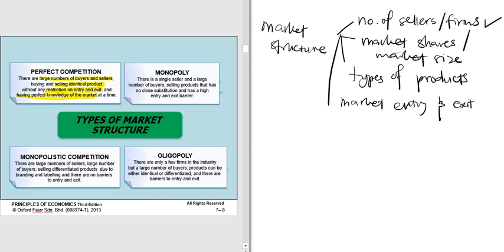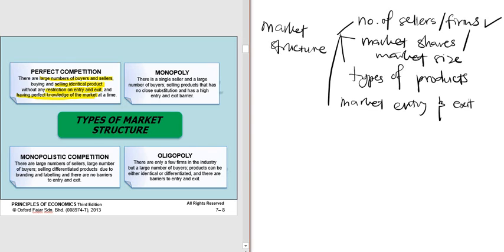If you think of perfect competition, look at the characteristics: a large number of sellers, same products, easy to enter, and the sellers have knowledge about the market. It's easy for them to get information about the market.